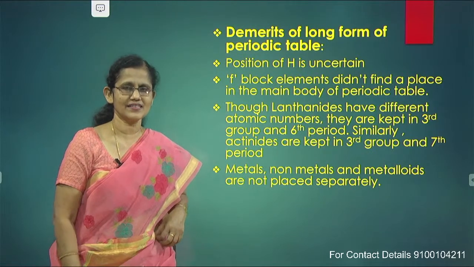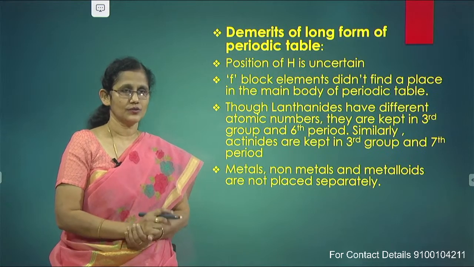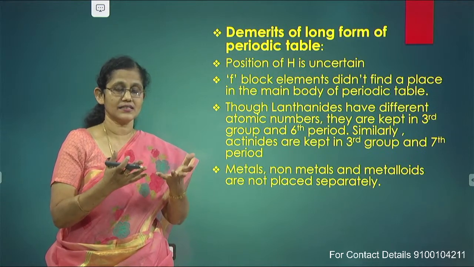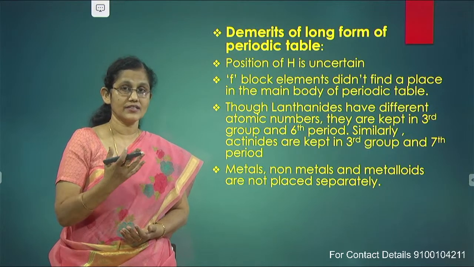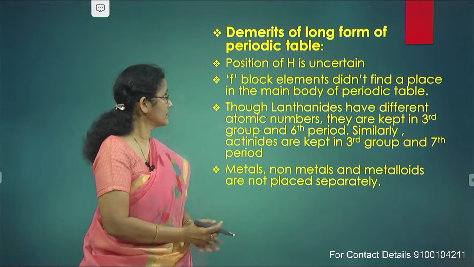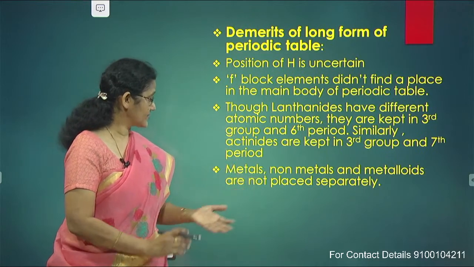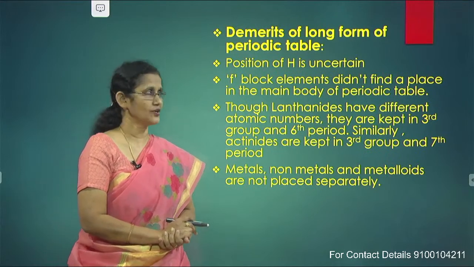Till now we discussed how many periods are there, how many groups are there, right. Which period has only gases, which group has only gases, which is the longest period, shortest period, like that we have discussed some points. Now I am taking demerits or disadvantages of long form of periodic table.